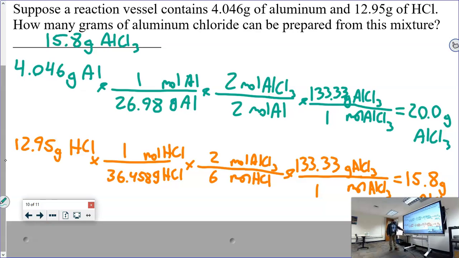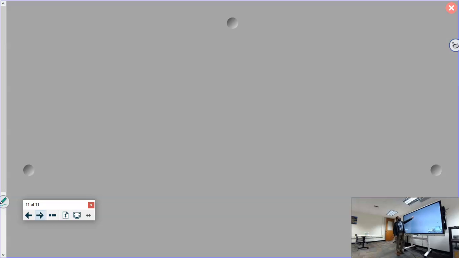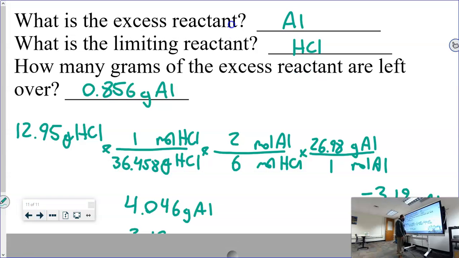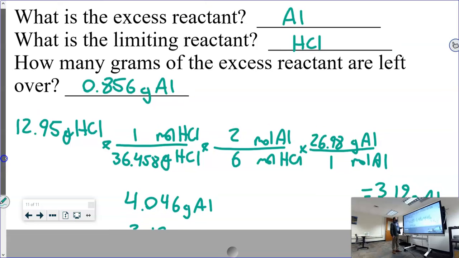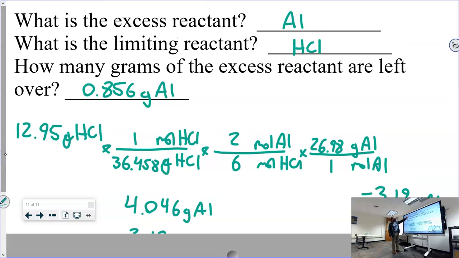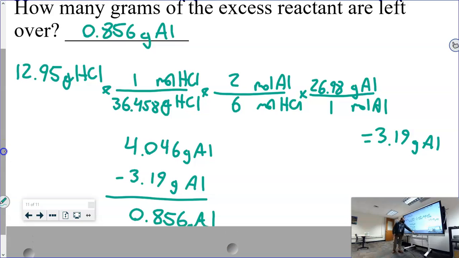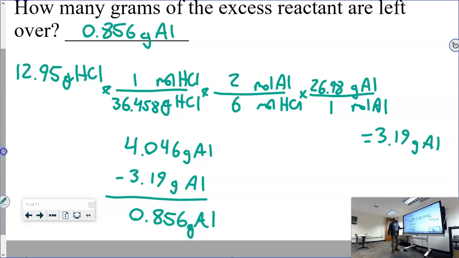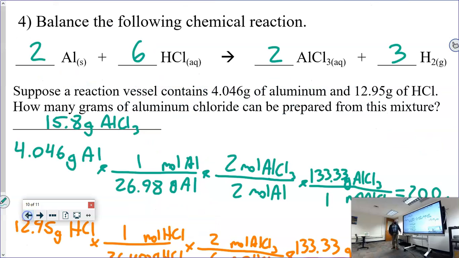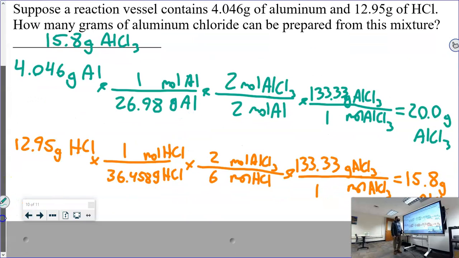For the second part, you're asked to solve for the quantity of excess. All right? And when you're asked to do this, first off, the excess was aluminum, the limiting was hydrochloric acid. And when you're asked to solve for how much excess reactant you've used, you want to start your factor label problem with the limiting reactant. Okay? In theory, you could start it with the product of how much it was able to produce.